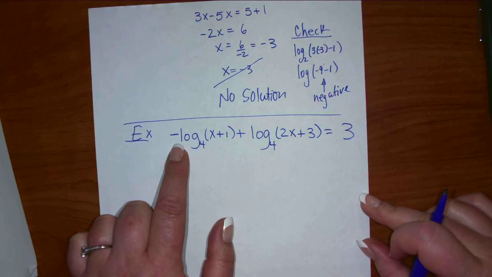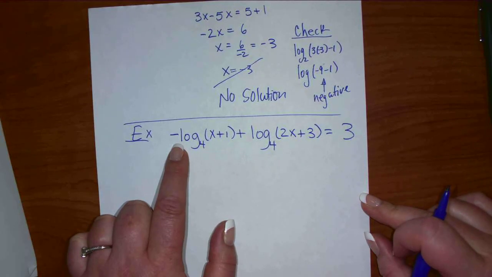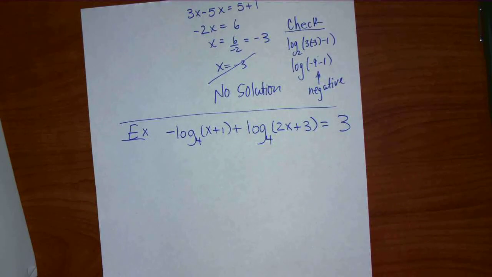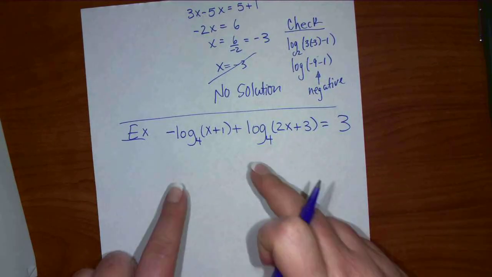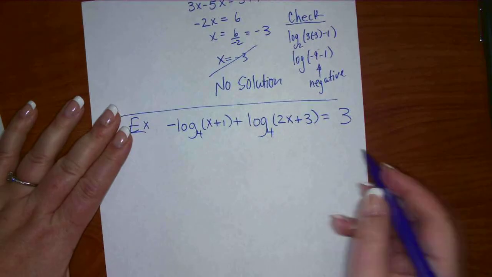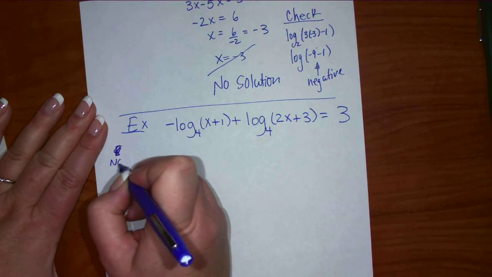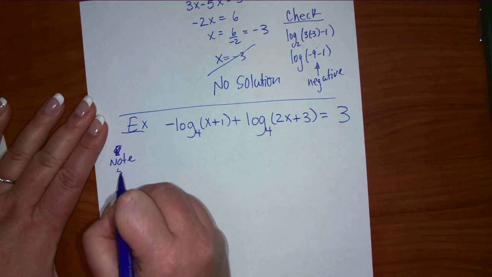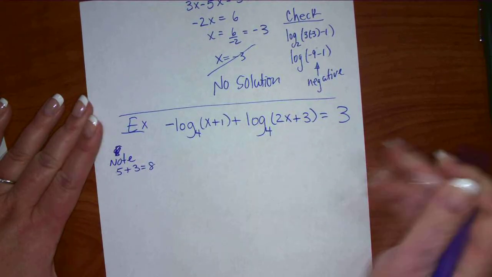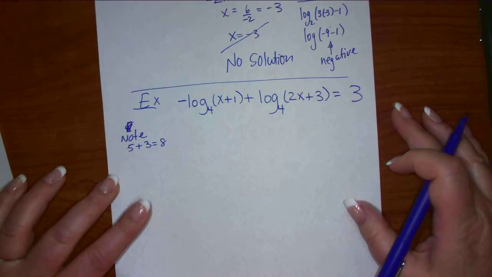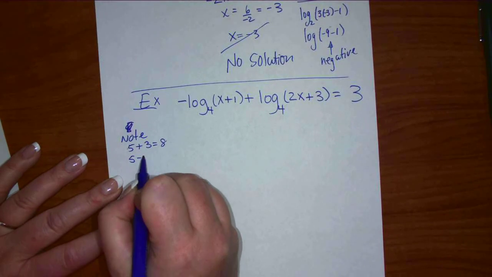So why am I saying this is example 2 of the divide type? You see that's a minus? When you're adding two things, they both are positive, that's the multiply one. These are actually being subtracted. If I said, for example, 5 plus 3 is 8, you add those numbers, right? 5 minus 3 is 2, you subtract those numbers.